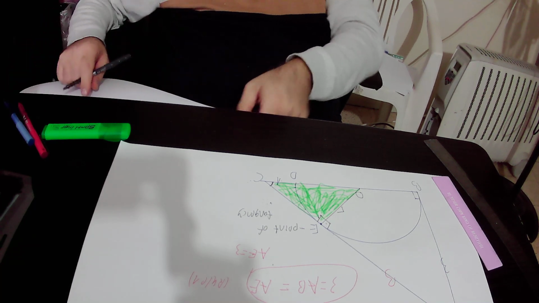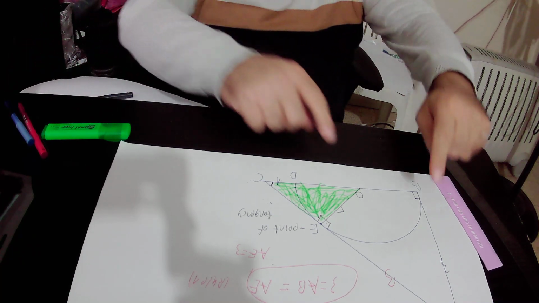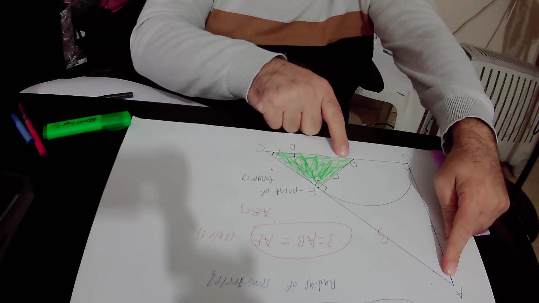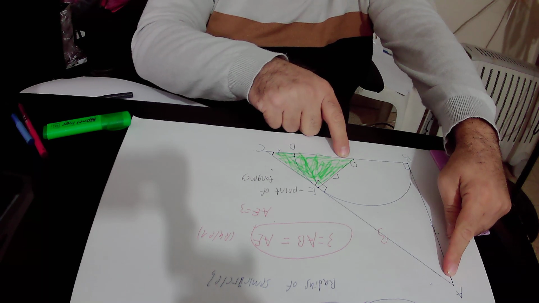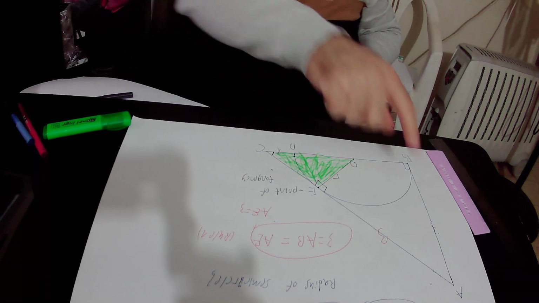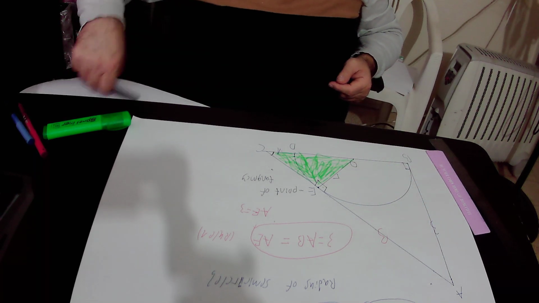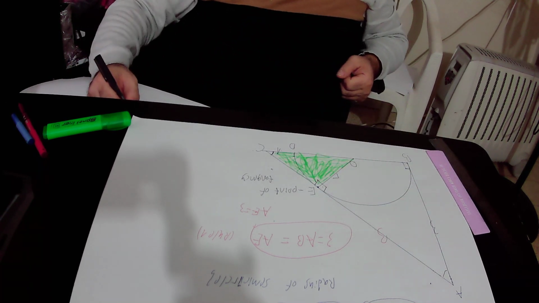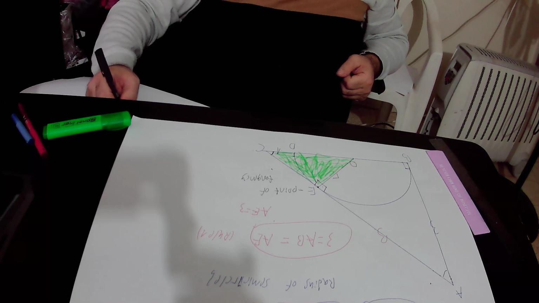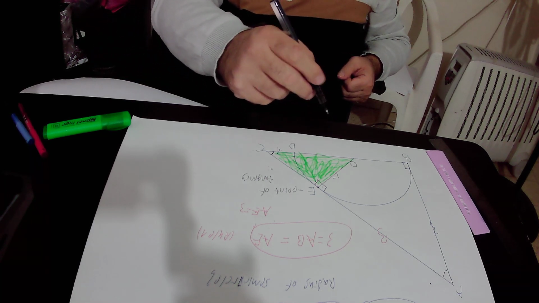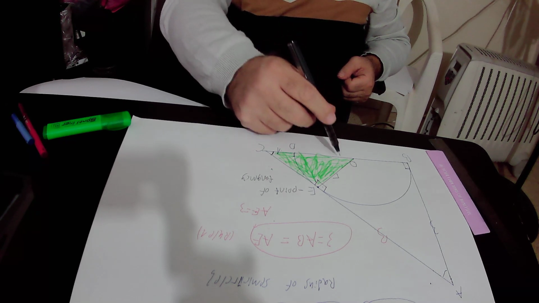And we have also those two angles that are equal to each other. We will prove that those two angles are equal to each other. Or actually angle BAC, this angle BAC is equal to this angle EOC.